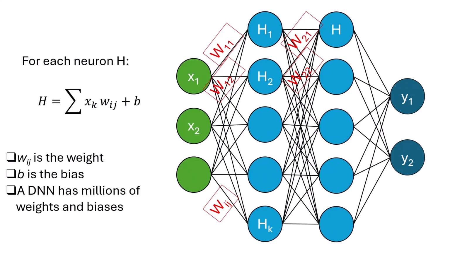But computers are better. So oftentimes I ask people, how many connections are there in between the first and the second layers of placeholder? How many W's? How many lines connecting all 3 and all 5? Three times 5.